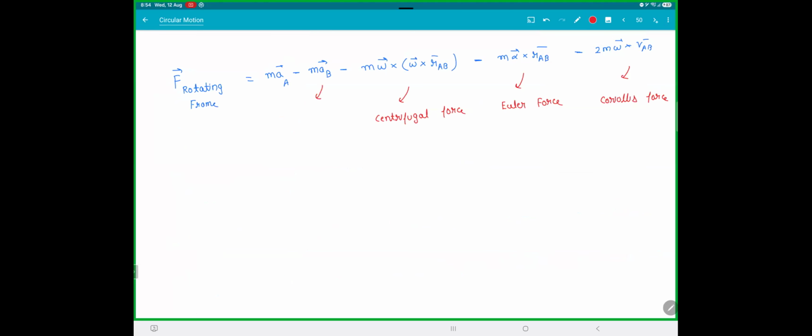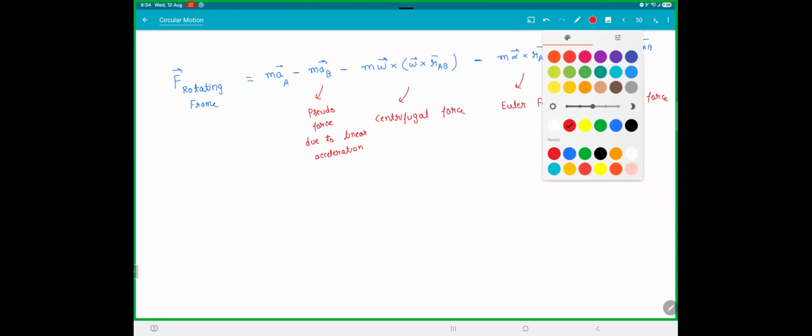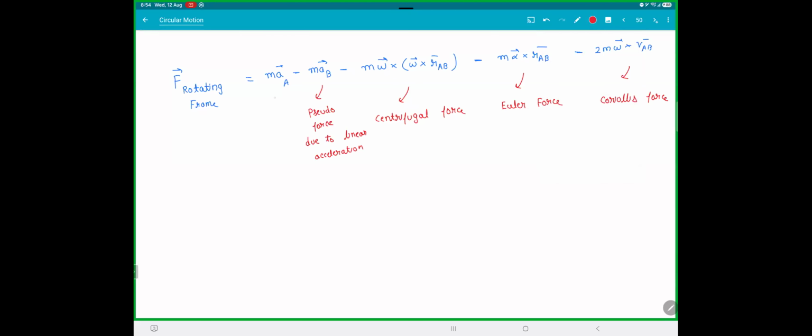This will be your linear pseudo force. This is four pseudo forces. And this MA will be the real forces. Those are the real forces acting on A. So you can see like this thing.